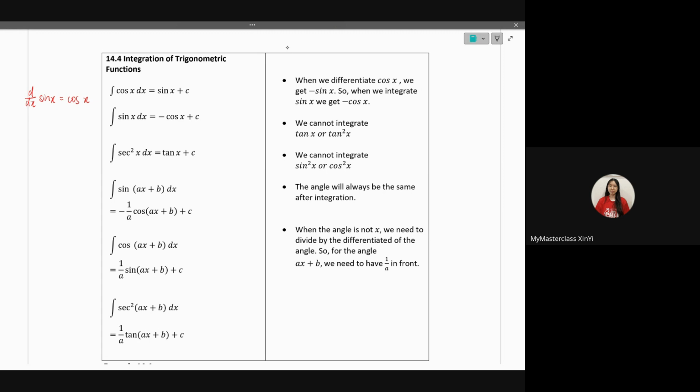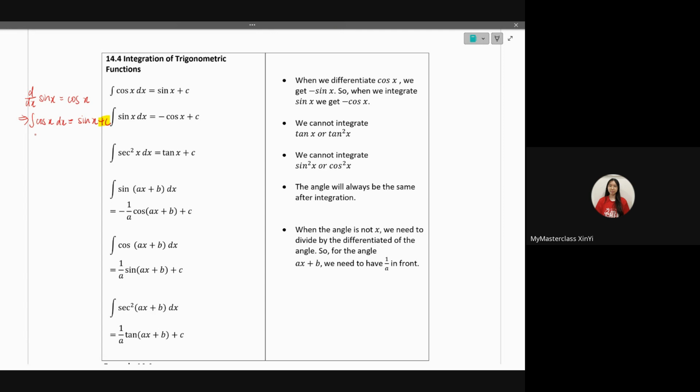Therefore, when we integrate cosine x with respect to x, we will actually get back sine x plus c. Regardless, it will always be a plus c here for integration when it's an indefinite integral. Later on you will learn about definite integrals, where you can determine what this plus c is.